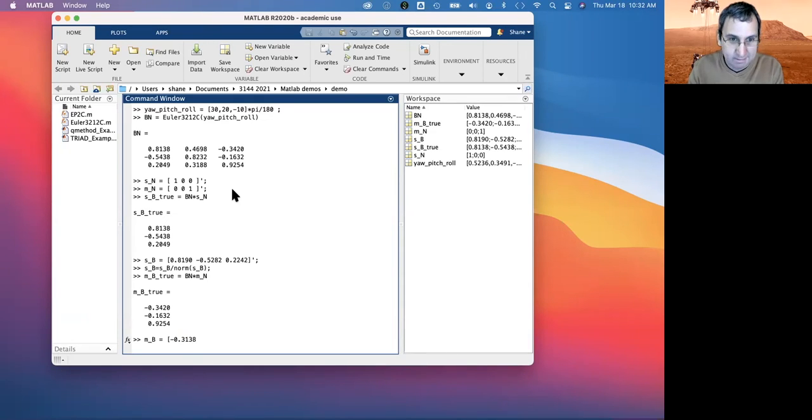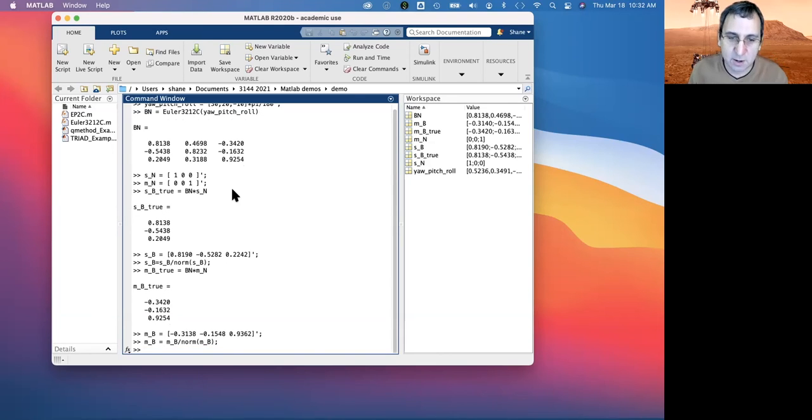So it's slightly different, right? And again, I have to normalize this just to be sure it's unit normal. These are going to be slightly off, but it gives an idea of the lack of accuracy.